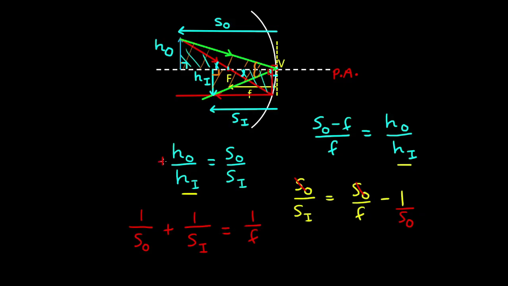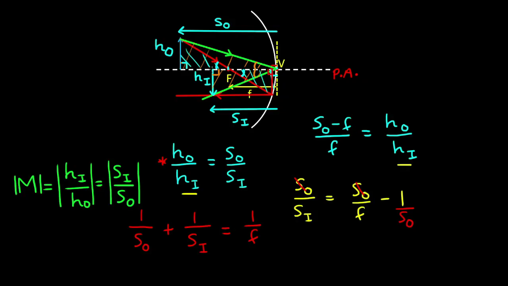And if we take the reciprocal of both sides of this equation, we get the height of the image on the height of the object is the distance to the image on the distance to the object. So if we take the absolute value, we get the magnification. But if we want to account for the image being inverted, we can take M as H_I on H_O and put a negative sign behind S_I.